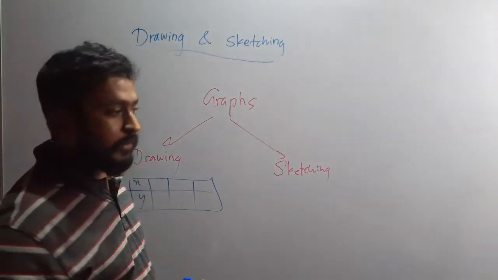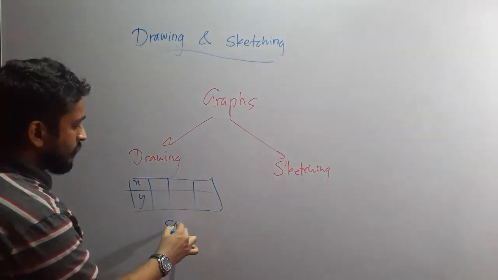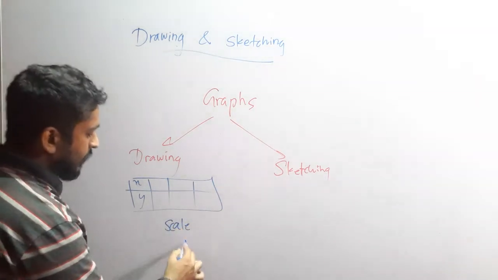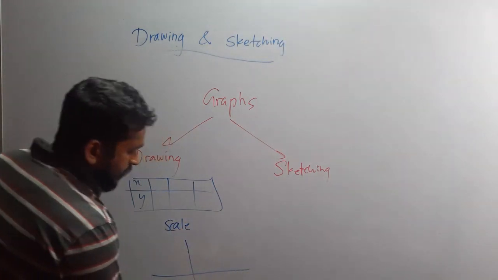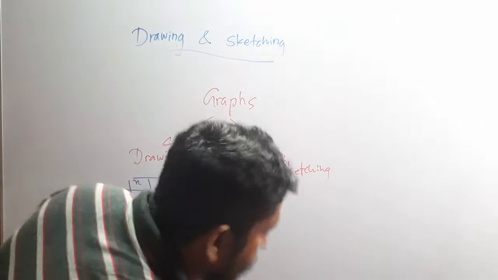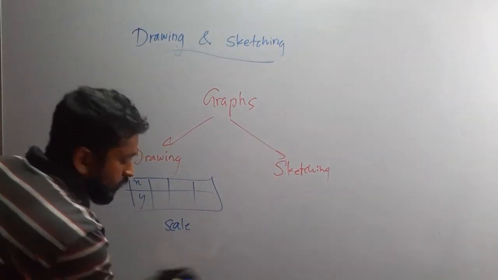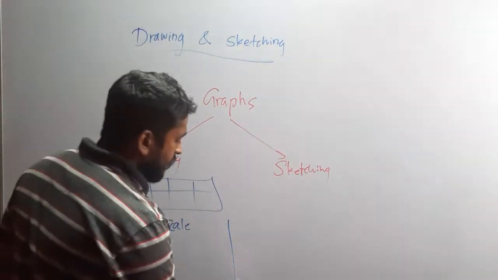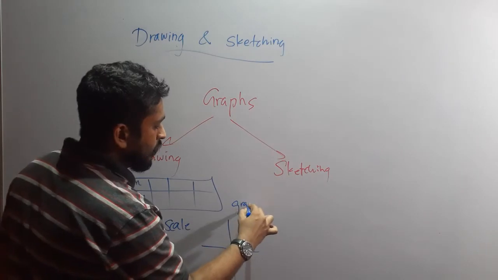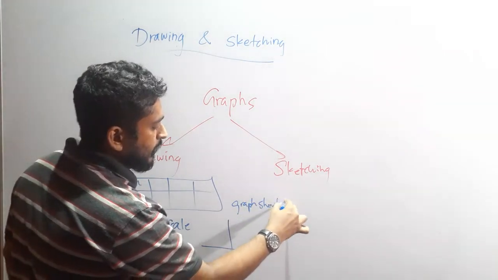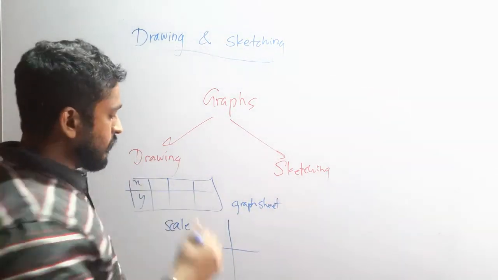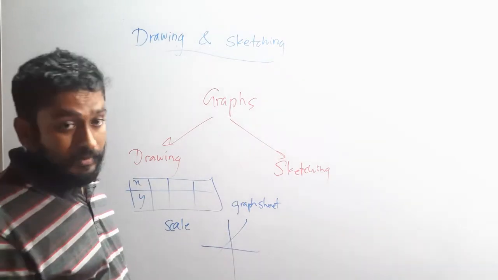Exactly, and according to our scale or the given scale, we are plotting it or we draw it. In particular, we draw it on a graph sheet, to make sure that the scale is proper.